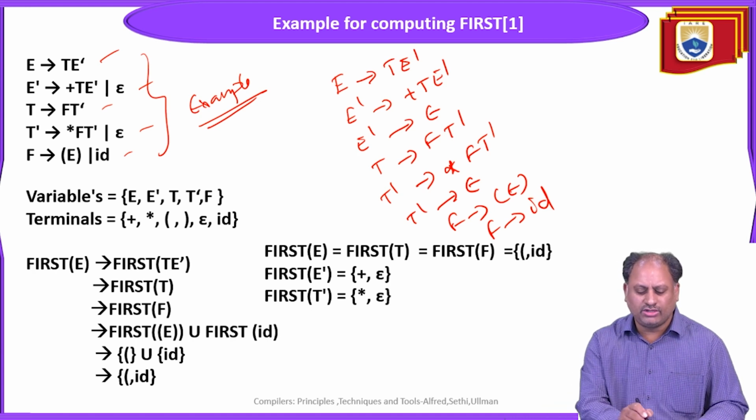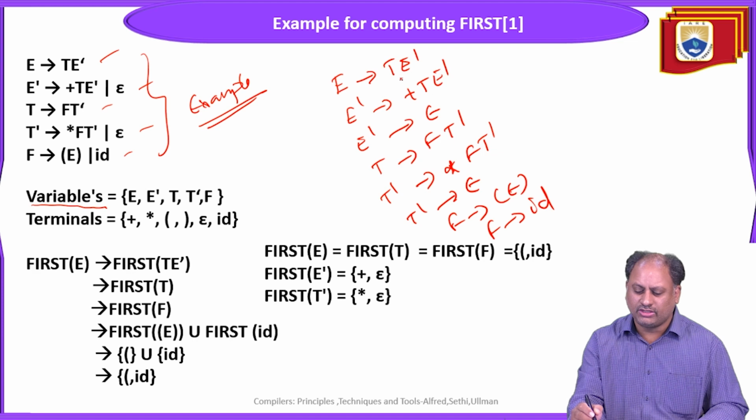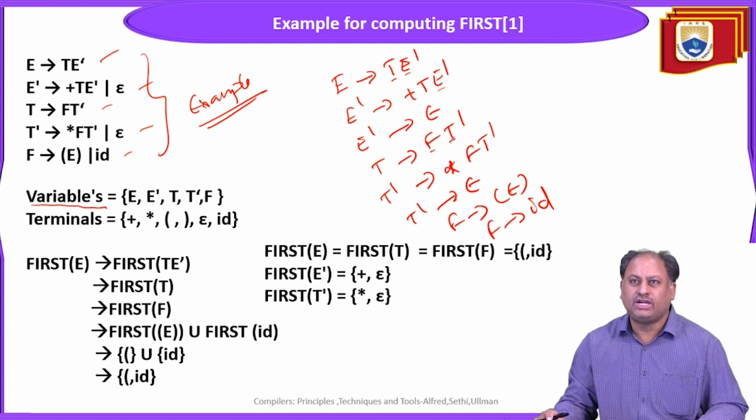In this one we are going to identify the variables. So what are the variables given here? Capital T, capital E, E dash, T dash, and capital F. All these are considered as non-terminals, also called variables.